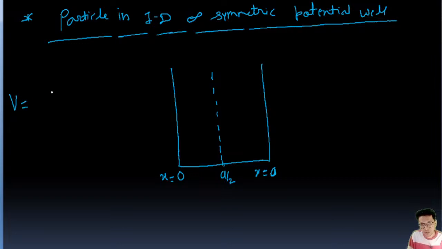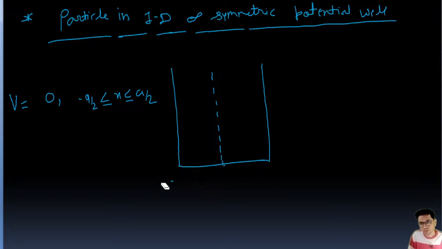V is defined as 0 when x is between minus a by 2 and a by 2. Here we have made a mistake.